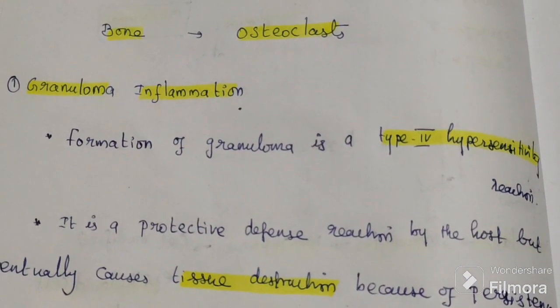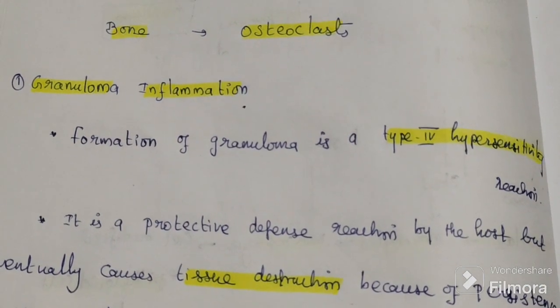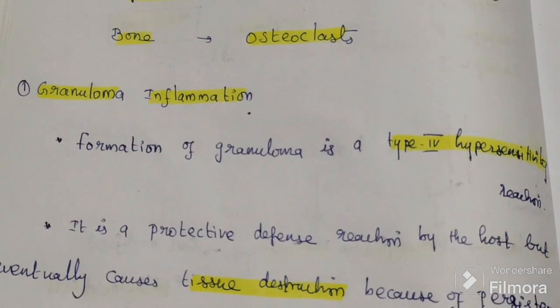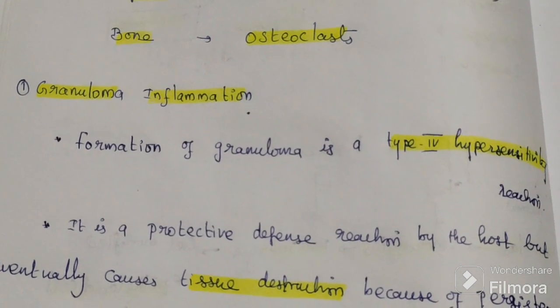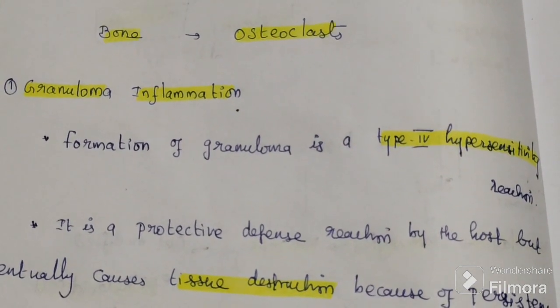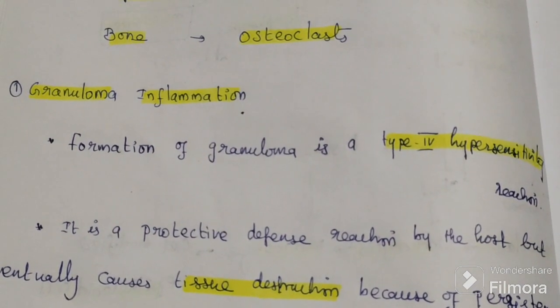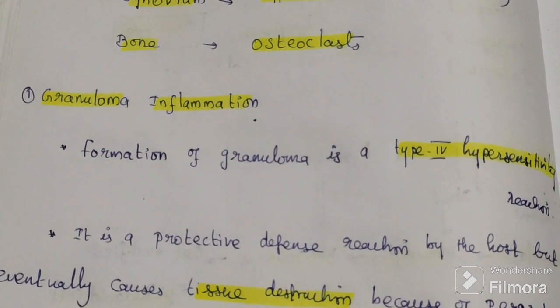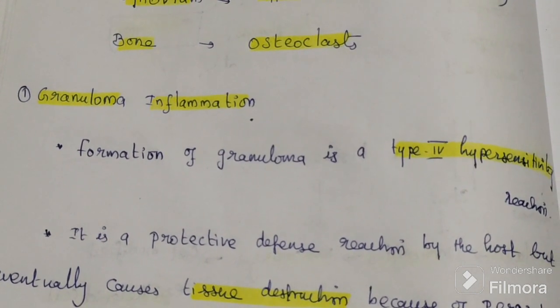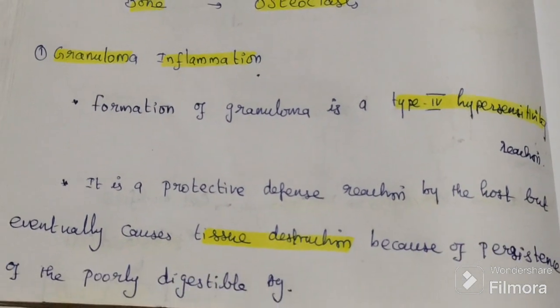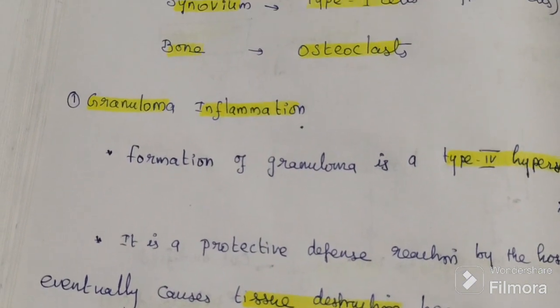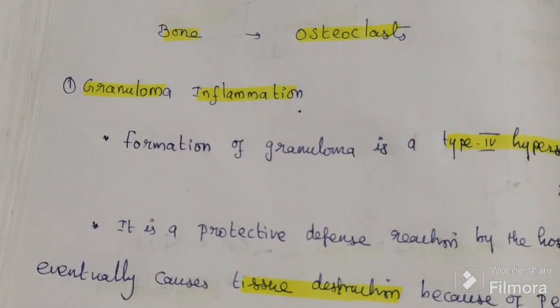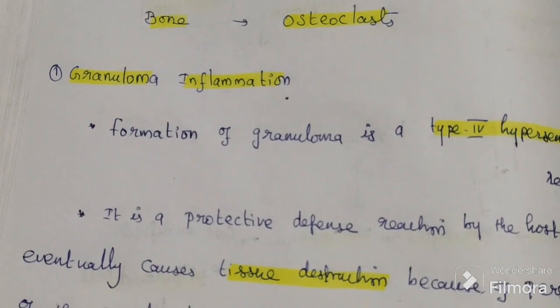The pathogenesis of granulomatous inflammation is basically type 4 hypersensitivity. Here, because of type 4 hypersensitivity, the most important feature is poorly digestible antigens entering the human body.